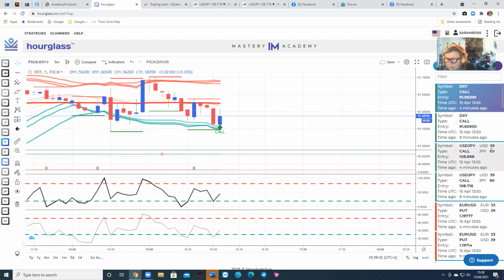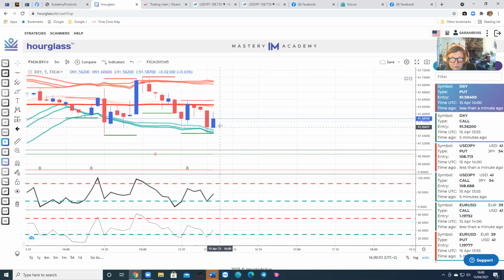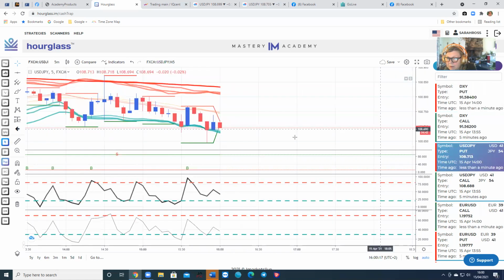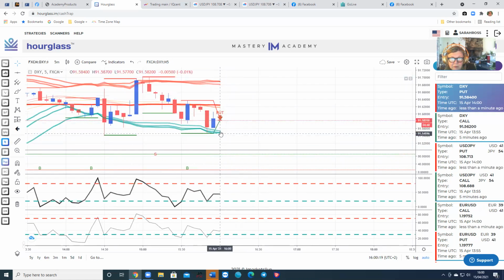It does say call there, although the currency strength is still 39 to 60. Flat bottom candle there. So it's quite a strong move up. That's given us a put on the hour at 713. DXY is also saying a put.